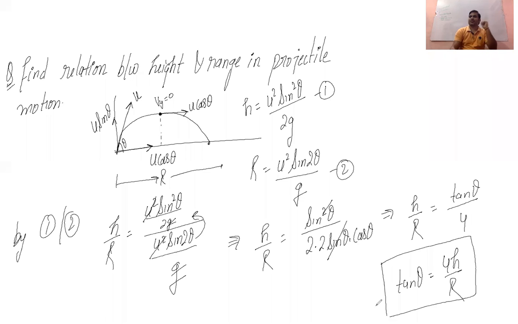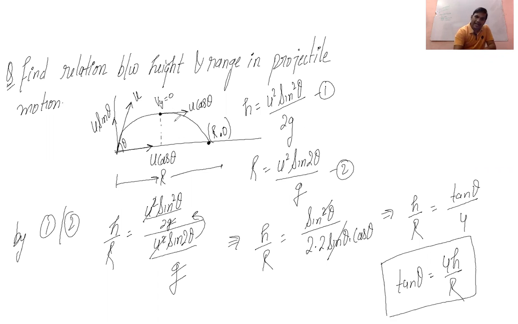If you are talking about the projectile, and if you are talking about the coordinate axis, so when particle is here, you can see the x-axis is your range, and the y-axis is your 0. So the coordinate of this point will be r comma 0, because the y is 0.